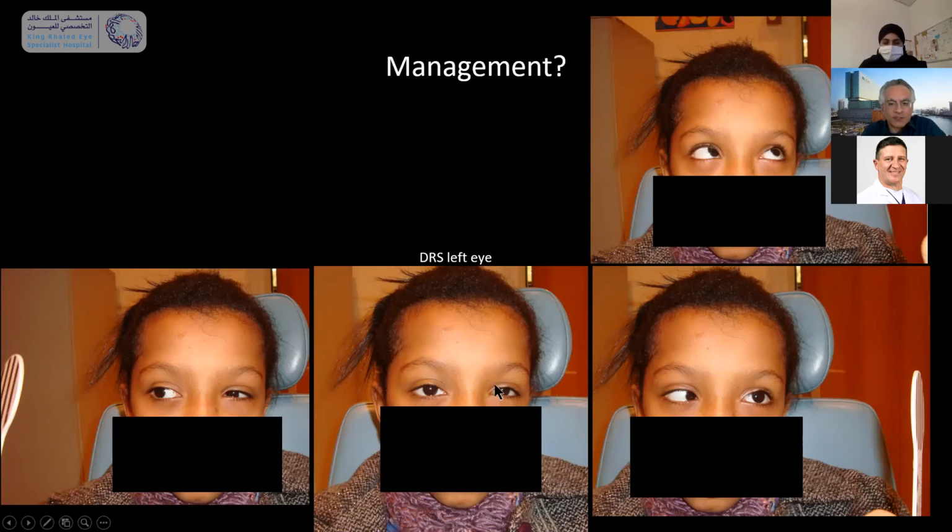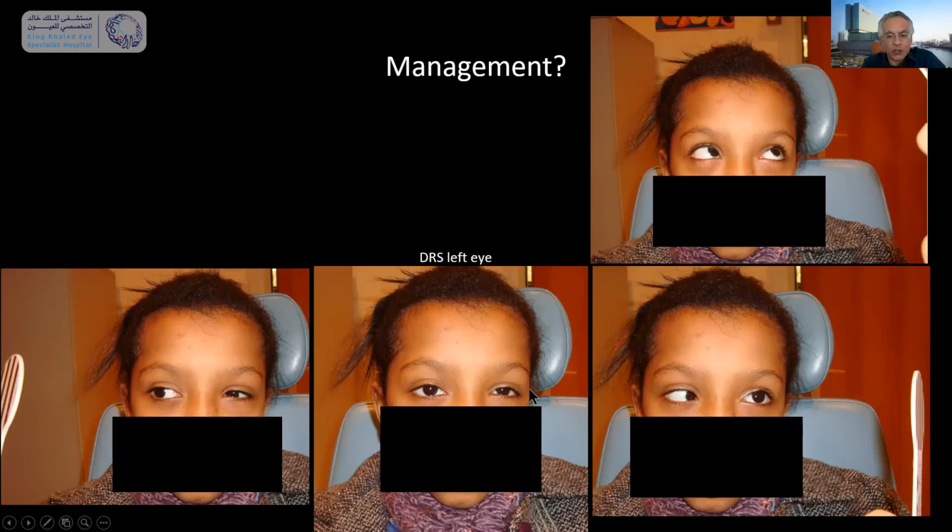So if you do a large medial rectus recession in a patient with esotropic Duane syndrome and co-contraction, the drive to adduct is going to translate into a large abduction, and you get a large overcorrection.